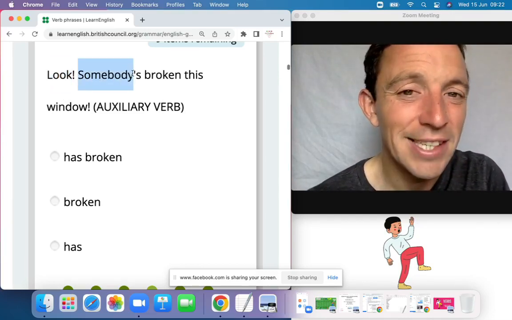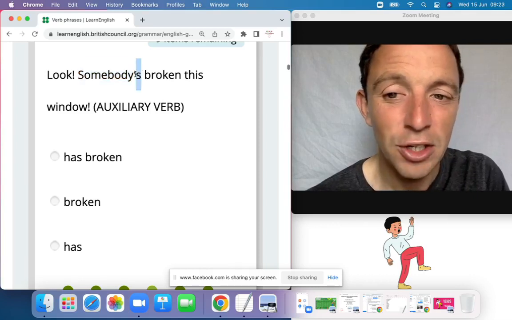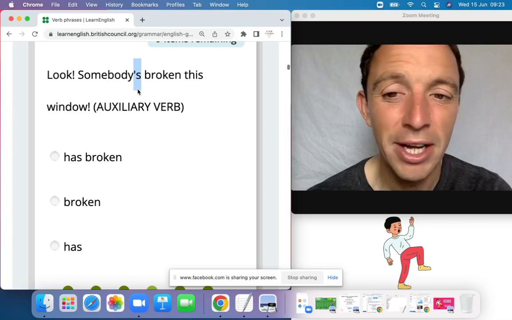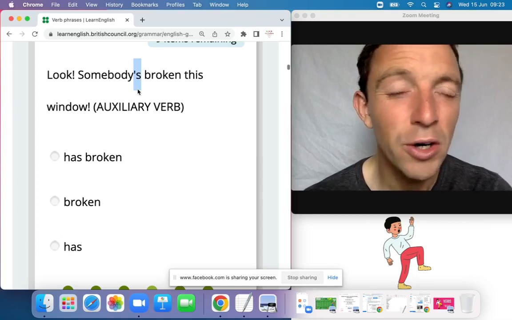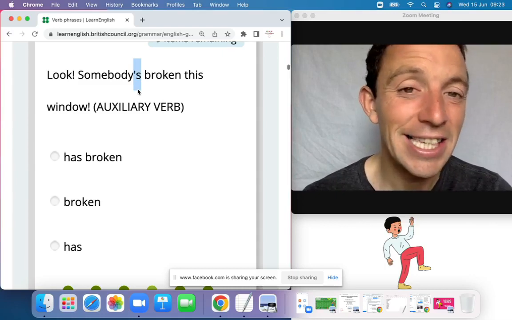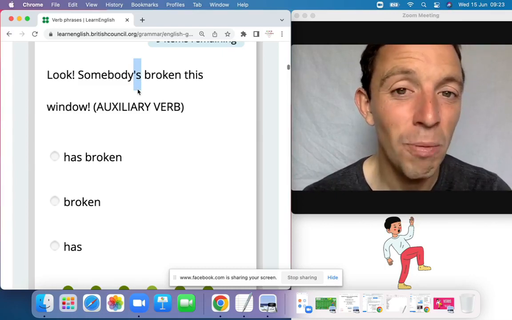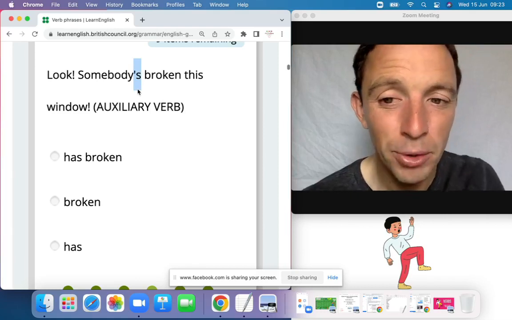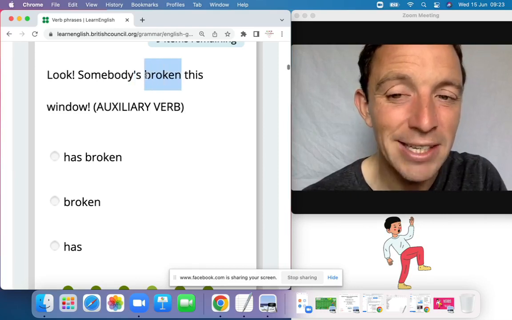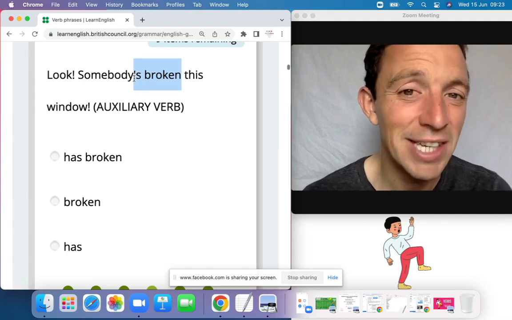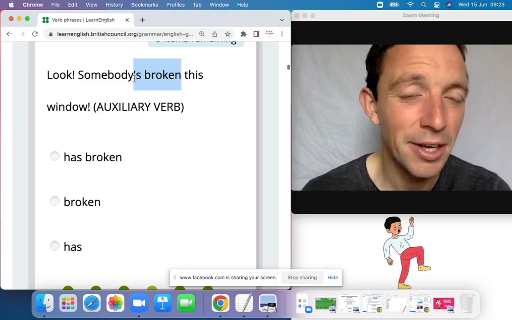Somebody is the subject. This contraction is possibly the verb to be or possibly the verb to have. Somebody has broken or somebody is broken this window. Is not possible because normally after is we have the ing form, but there's no ing form here. It's the participle form, the past participle. Therefore this typically is combined with the auxiliary verb have.